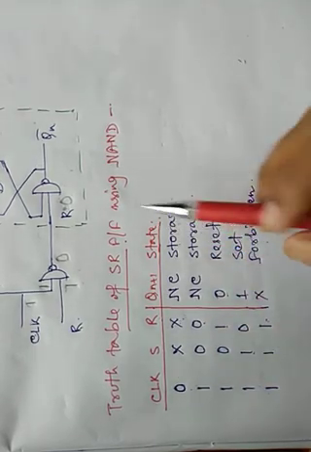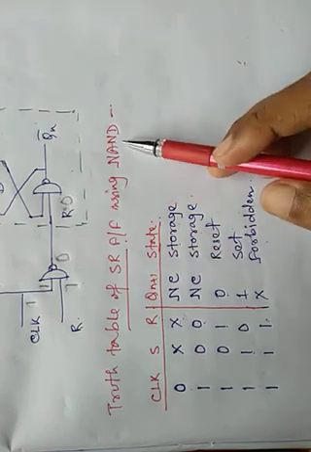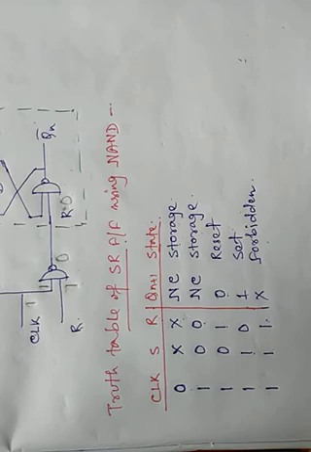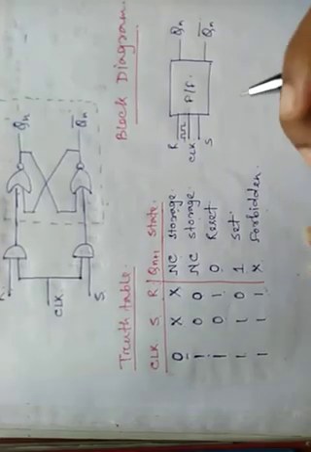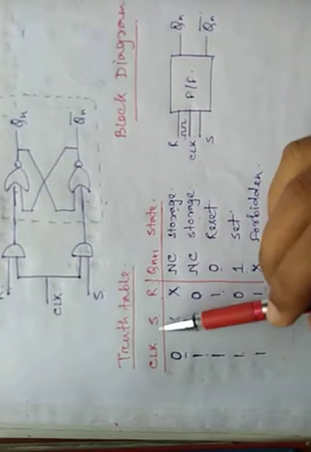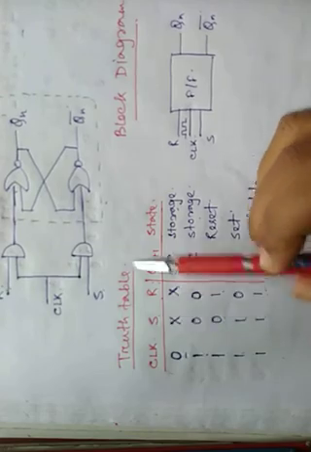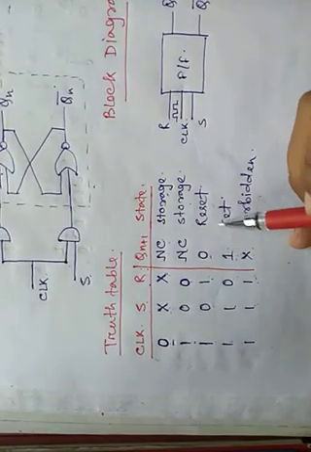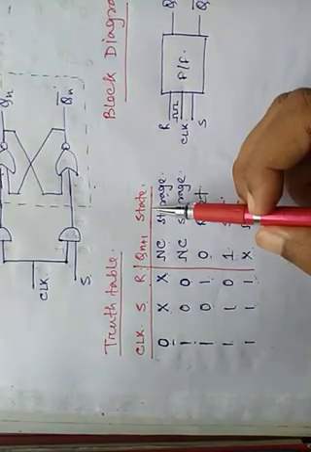This truth table of SR flip-flop using NAND gate is same as SR flip-flop using NOR gate. Here you can see this is a truth table of SR flip-flop using NOR gate. This truth table is same as truth table of SR flip-flop using NAND gate.